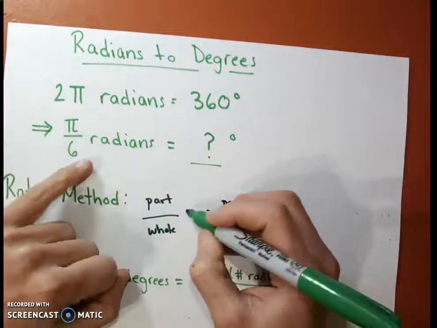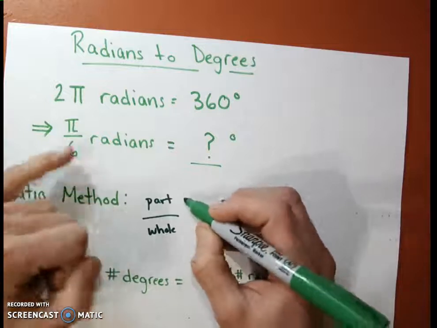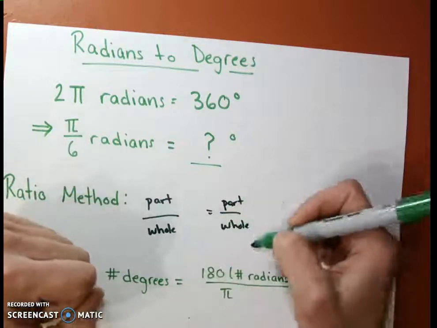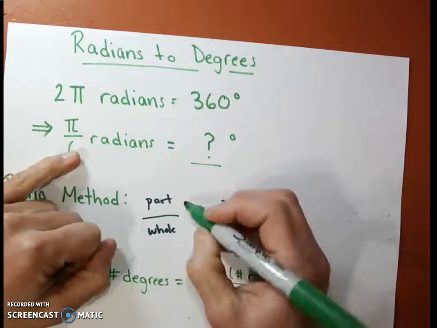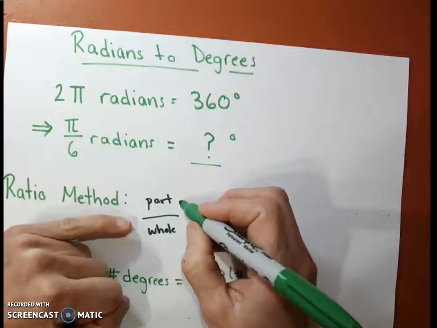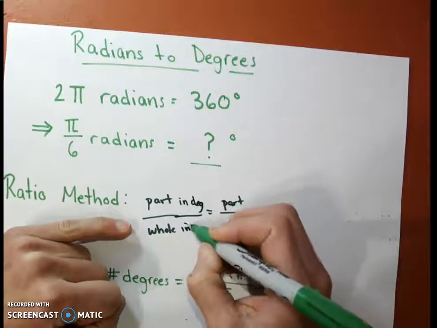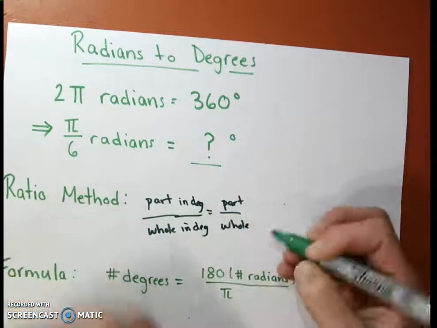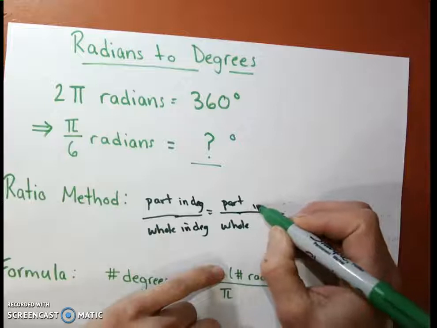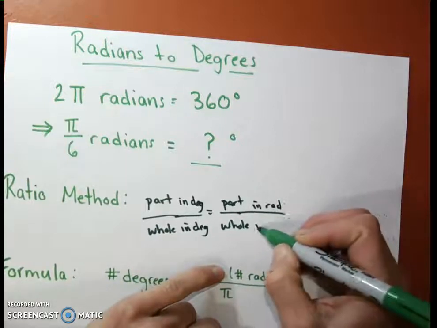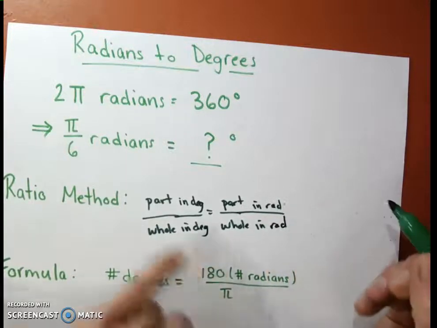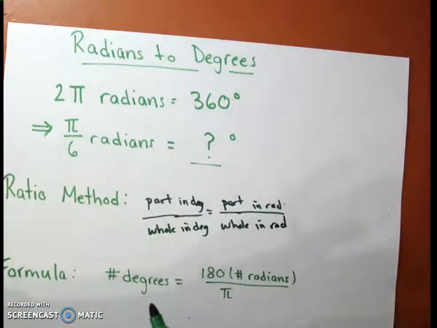And here, I'll have either degrees and radians, or the other way around. So let's say the part in degrees divided by the whole in degrees is going to have the same ratio as the part in radians divided by the whole in radians. By the part, I just mean the angle I'm interested in.